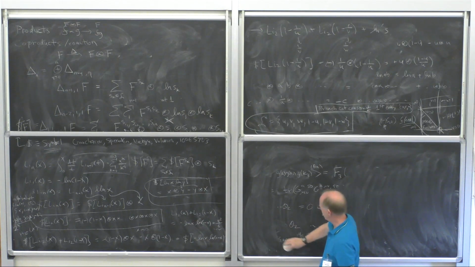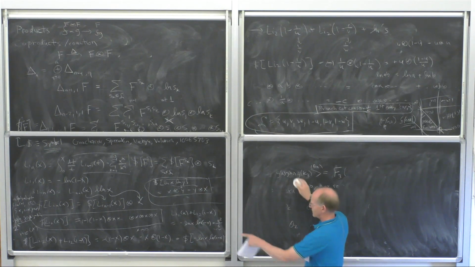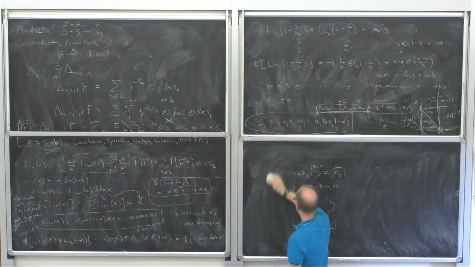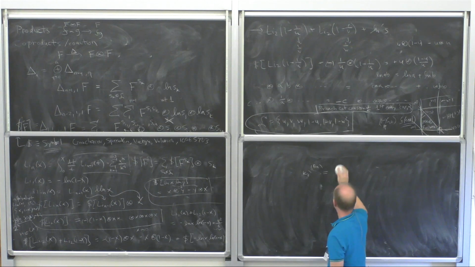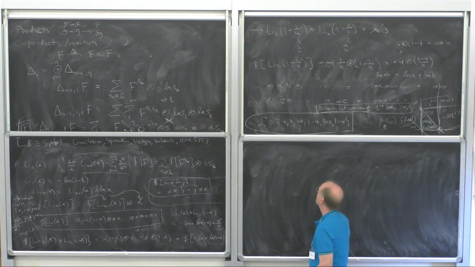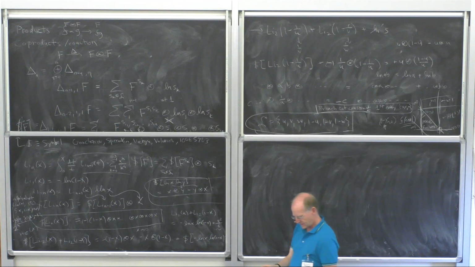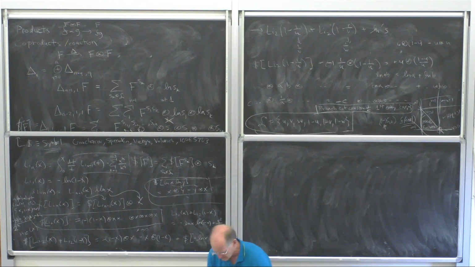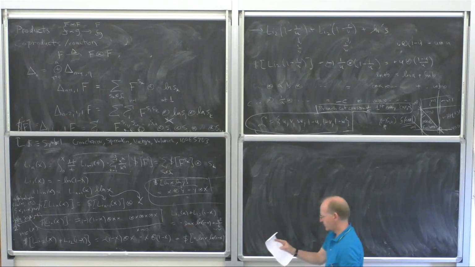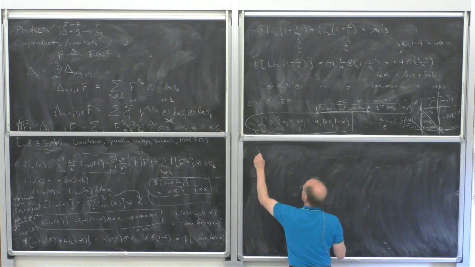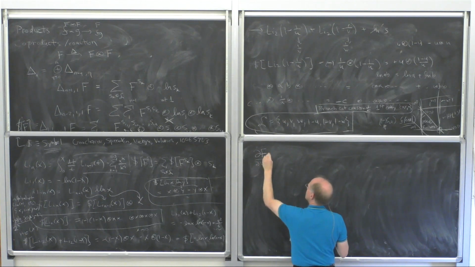There are legitimate HPLs for all 2 to the n cases of x and 1 minus x in any combination. But here you can't put any letter next to any other letter because you have to impose this integrability relation.